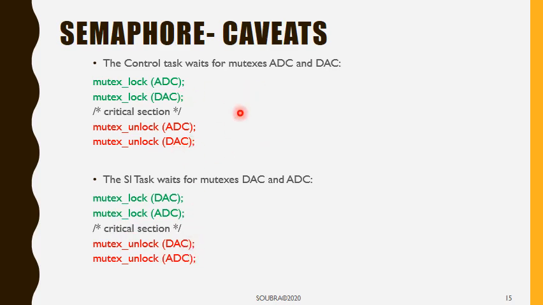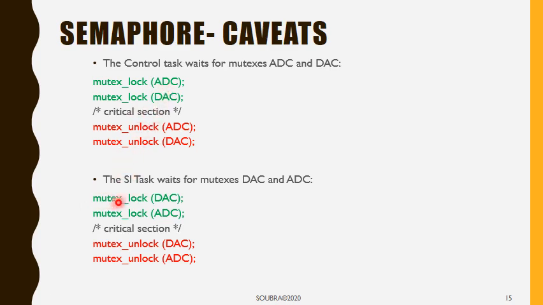So what catastrophic scenario might happen here? Let's think of it for a second. The control task will start executing first. It will lock the ADC. Whoops, someone preempted me, and it's the SysID task that preempted me.